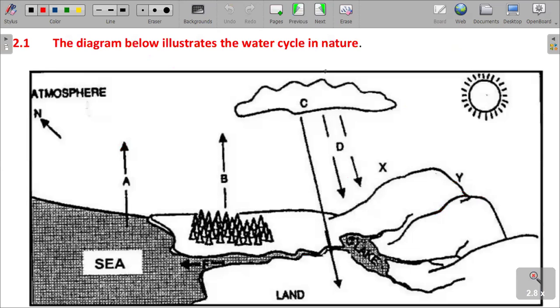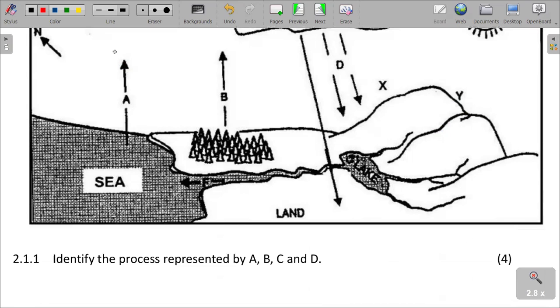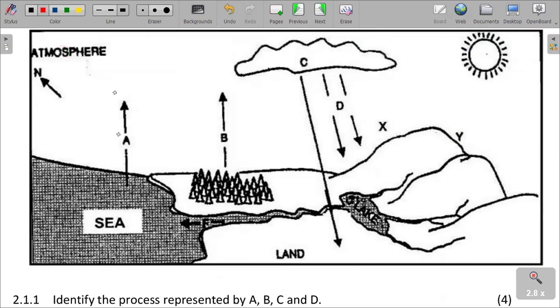We have the water cycle in nature. We have the atmosphere, the sea, and from the sea there is a process where water goes into the atmosphere, which is represented by A. B is vegetation, and there is a process by which water is lost by vegetation into the atmosphere.